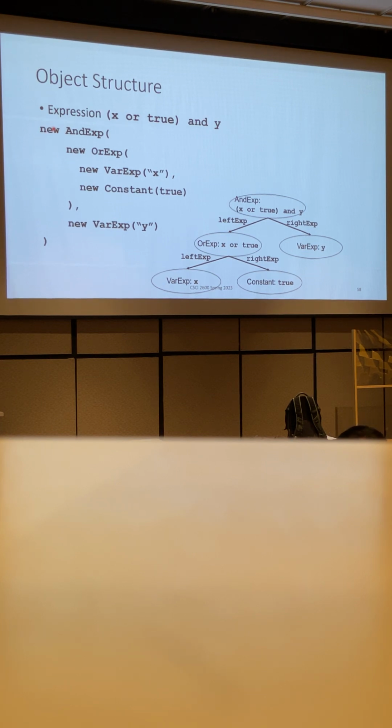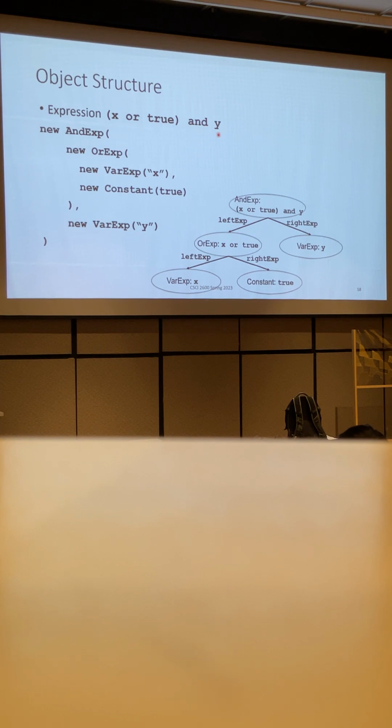So here is the piece of code that creates the objects, and here is the tree that corresponds to this hierarchy of objects. Right? And here is the expression that we are trying to represent: x or true in parentheses and y. So that means that at the very top of our tree, what is going to be the expression?